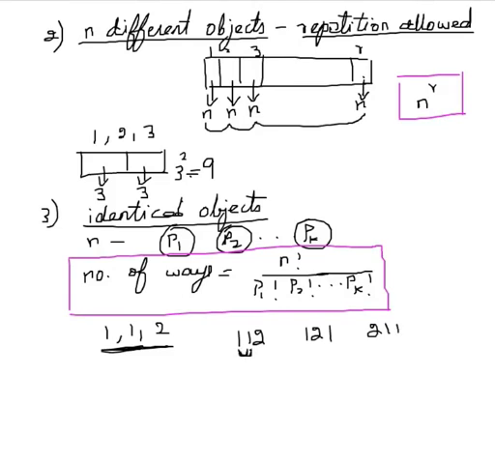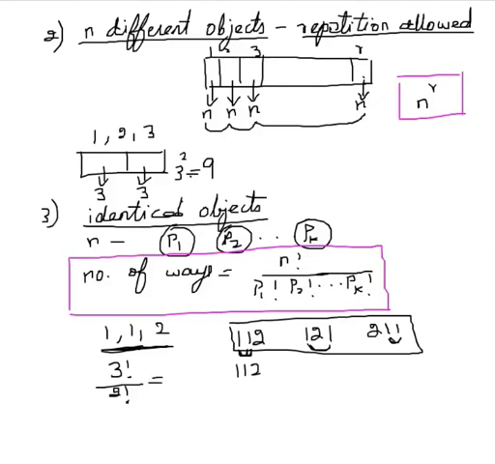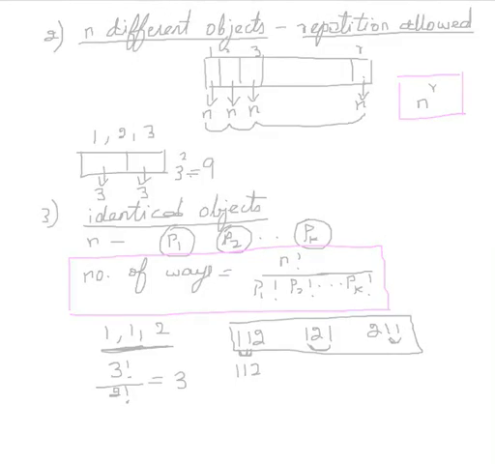If I interchange these two ones, I get the same number. Similarly, here also I get the same number. So the number of permutations is reduced when you have identical items. Therefore, the number of ways will be 3 factorial divided by 2 factorial, since out of these 3 items we have 2 identical items. Therefore, the answer is 3.